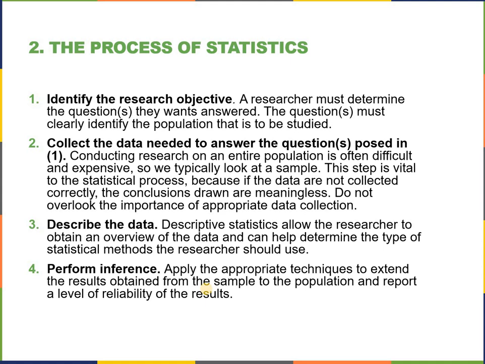The second step is to collect the data needed to answer those questions posed in step number 1. Conducting research on an entire population is often very difficult and expensive, so we typically take a look at a sample. This step is vital in the statistical process because if the data are not collected correctly, the conclusions drawn are meaningless. So step number 2 is to collect the data.